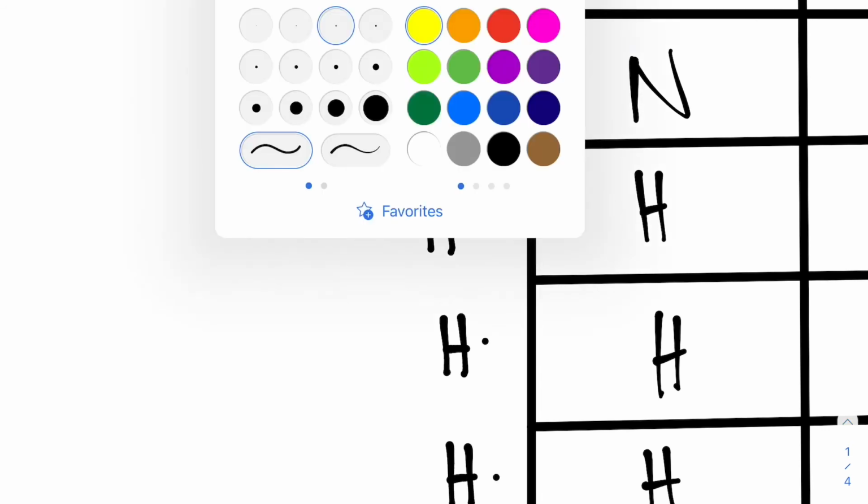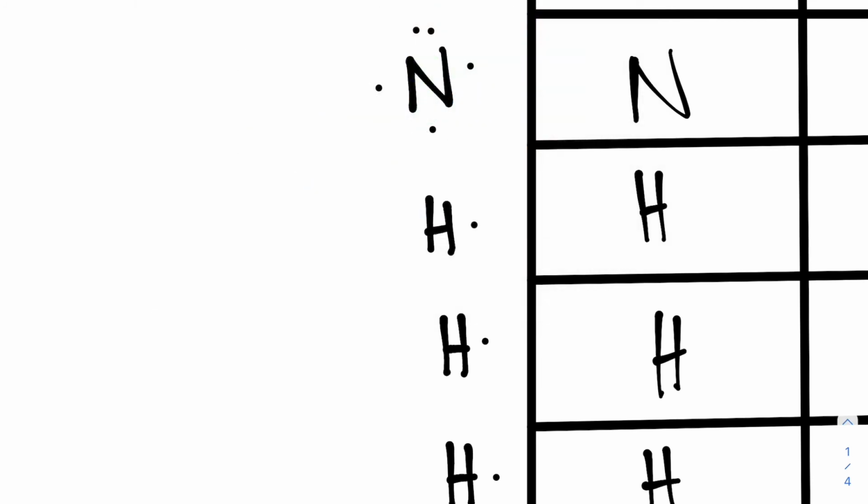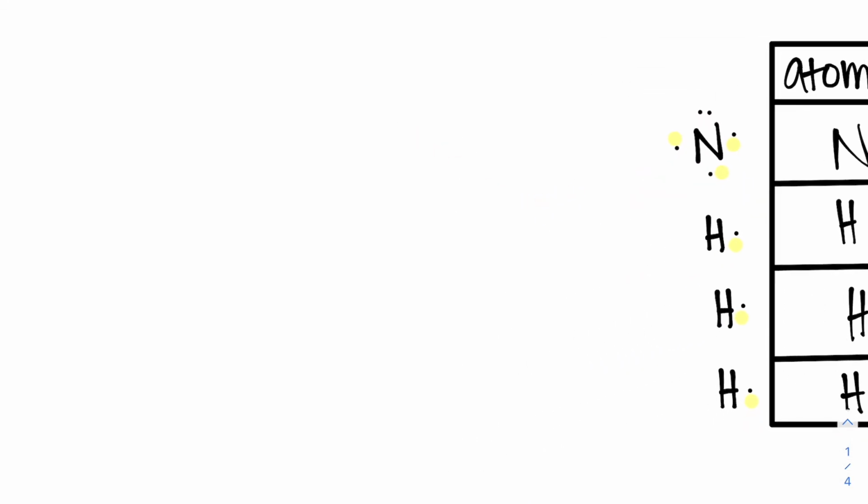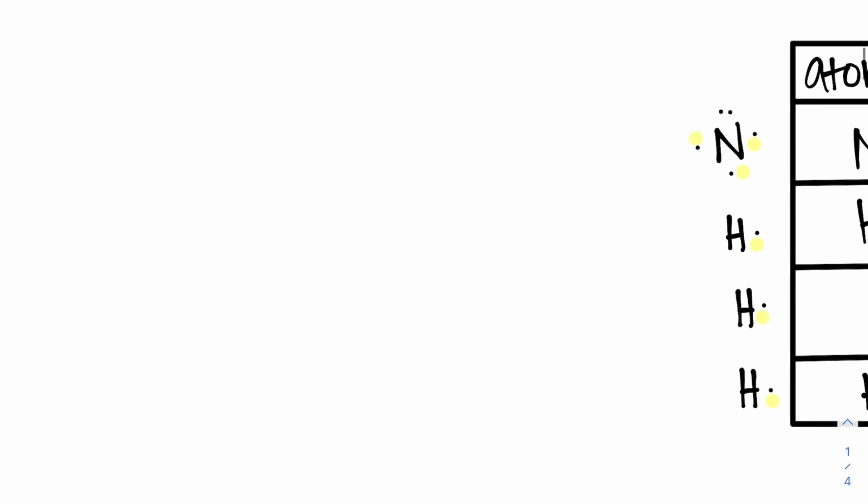Remember, nitrogen wants to have 8 to get a full shell. Hydrogen wants to have 2. So each of these hydrogens is missing 1 valence electron, and our nitrogen is missing 3 valence electrons. So when we start to put these things together, we've got our nitrogen with 5 valence electrons, and each of our hydrogens has 1 valence electron.